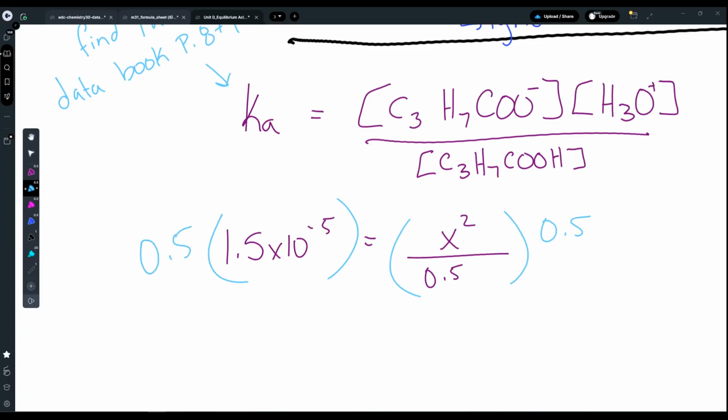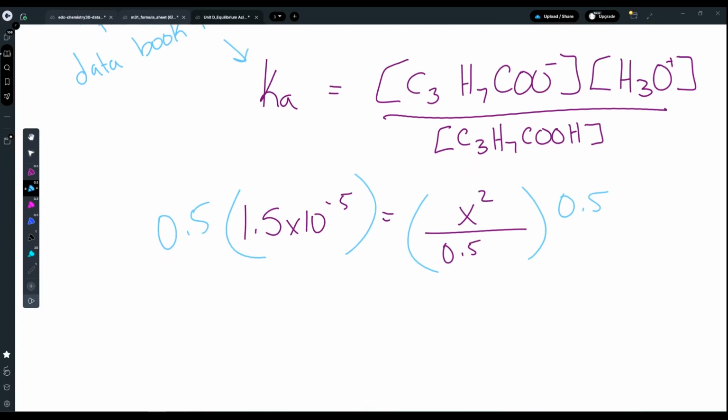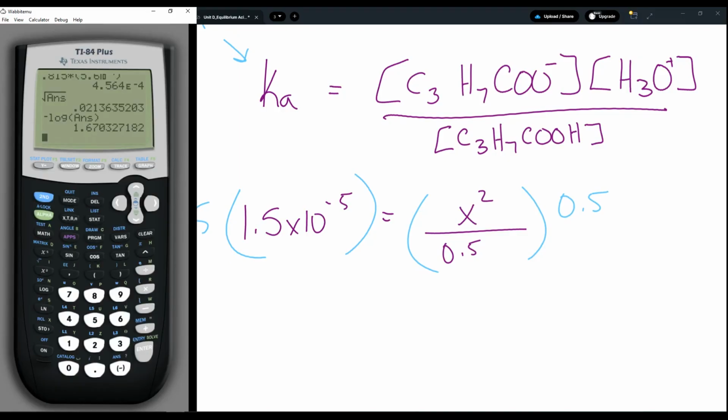So I'm going to multiply both sides by 0.5. So I'm going to go 0.5 times bracket 1.5, second function log, to the power of negative 5. Hit the right arrow to get out of the exponent. Hit enter.